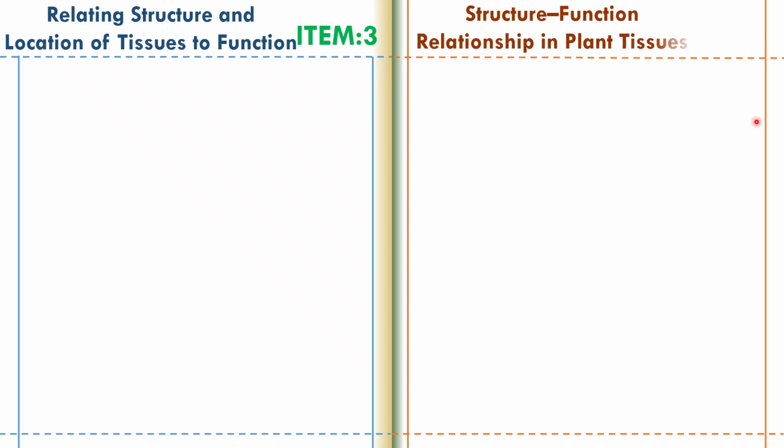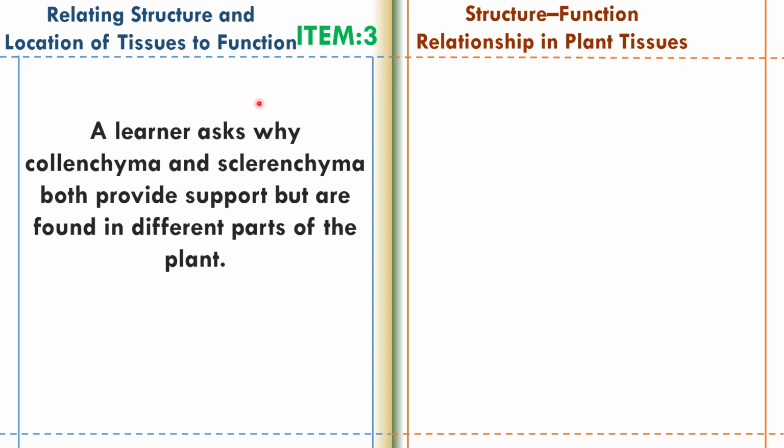Let's go to relating structure and location of tissues to function. Item 3. We are looking at structure-function relationship in plant tissues. A learner asks why collenchyma and sclerenchyma both provide support but are found in different parts of the plant.